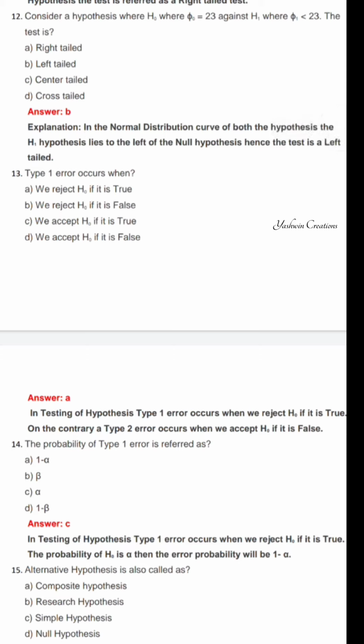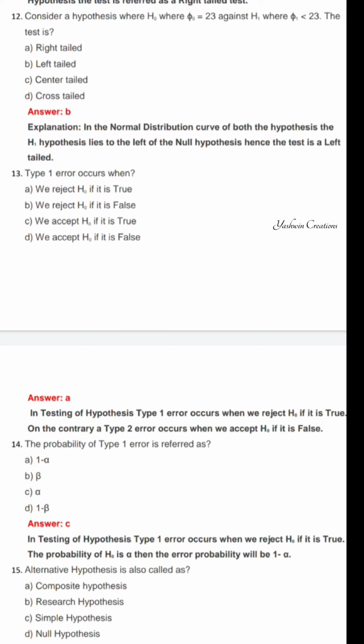So in the sentence they are saying that in testing of hypothesis, type 1 error occurs when we reject H0 if it is true. Type 2 error occurs when we accept H0 if it is false.